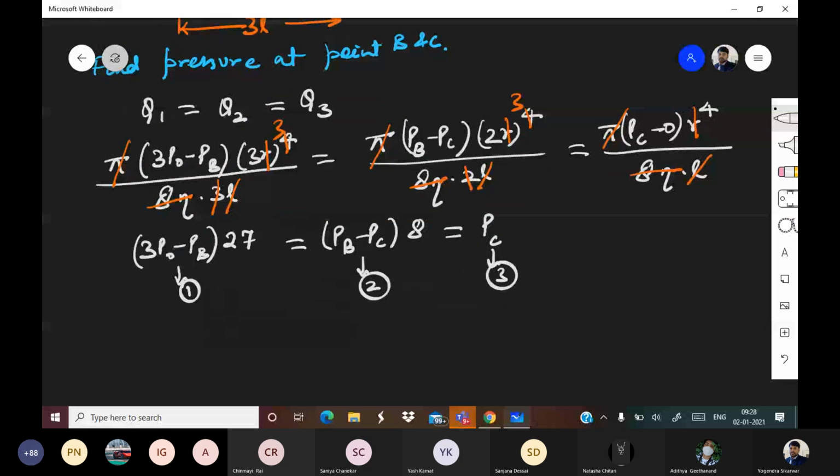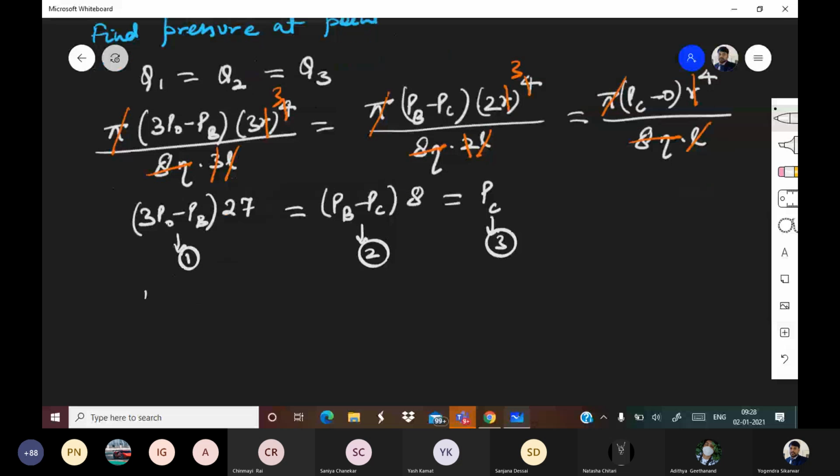So we have 3 equations and 3 unknowns. So 27 into 3 will be 81 P naught minus 27 PB, is equal to 8 PB minus 8 PC, and that is equal to PC.